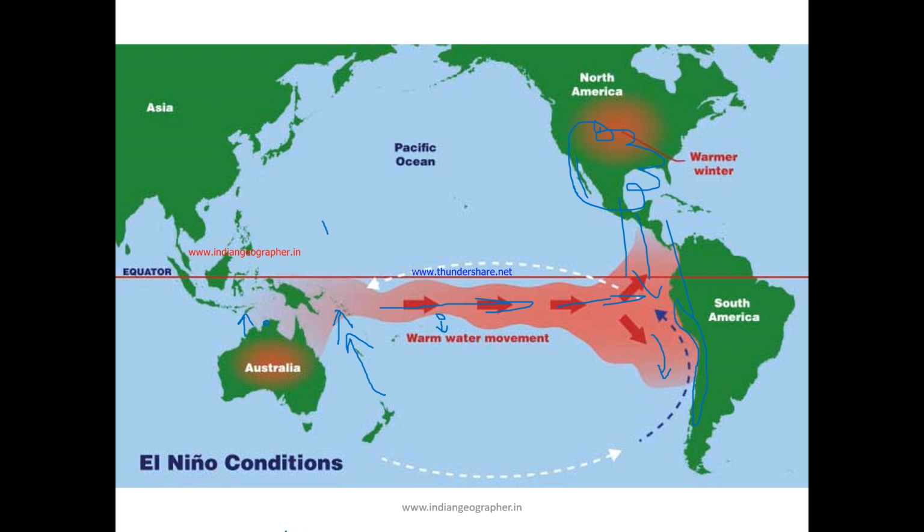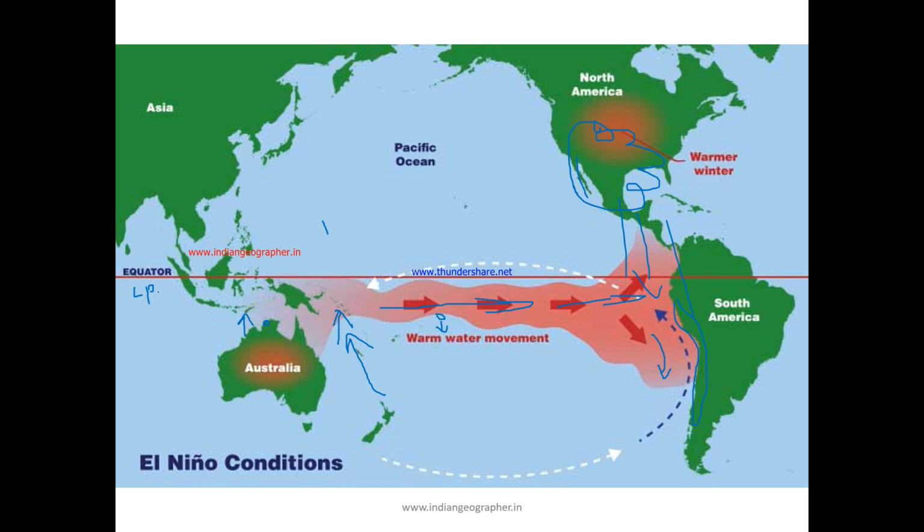And when the pressure is lower in the Indian Ocean in the winter season, it indicates that the chances of the monsoon being good. If the pressure conditions are lower here in the Indian Ocean, the chances of a good amount of monsoon are always there.